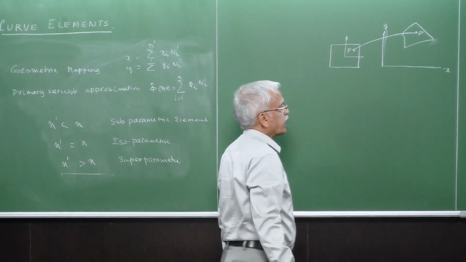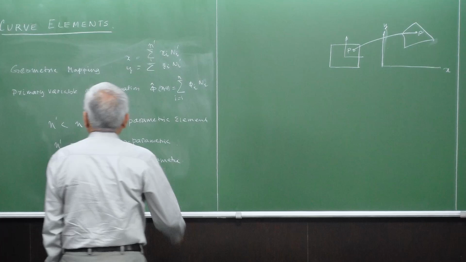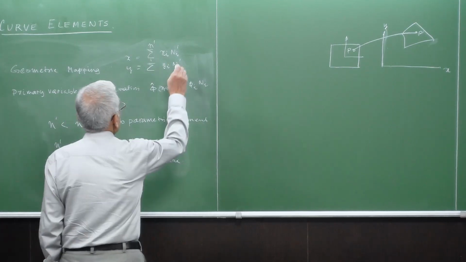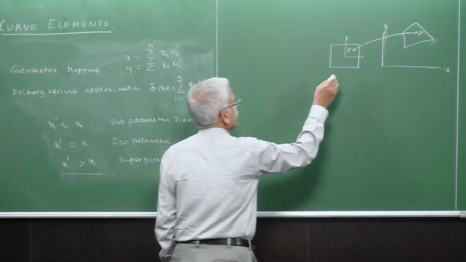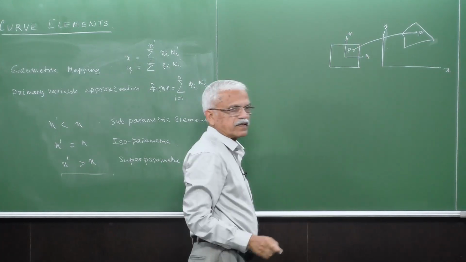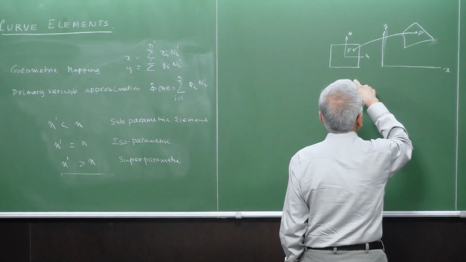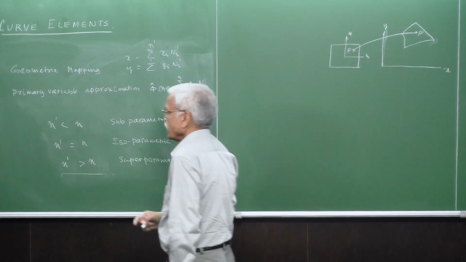So P to P prime, that's what we use the mapping, and so that's for the geometric mapping. And how the zeta here, a simple square element, is mapped into the real element. So this is the parent element and this is the real element.